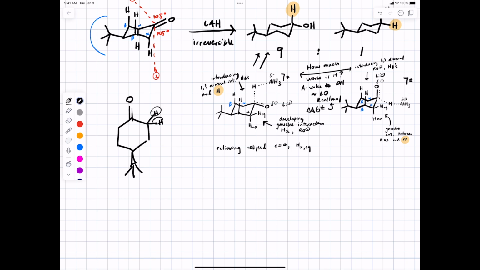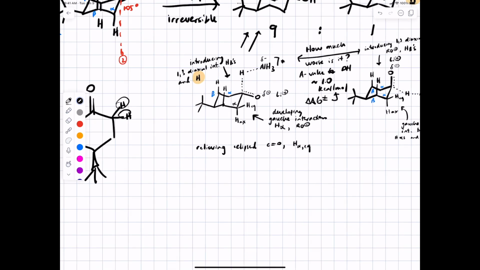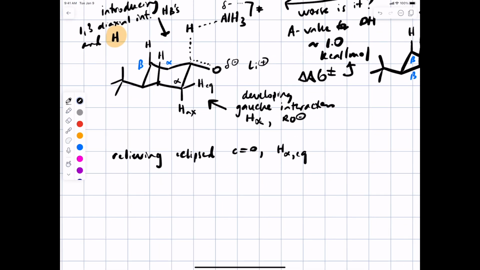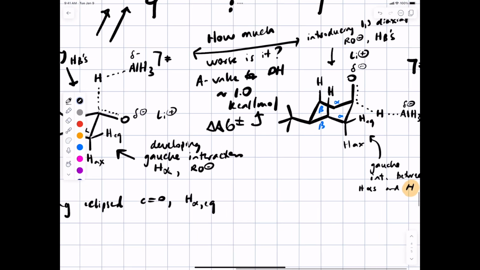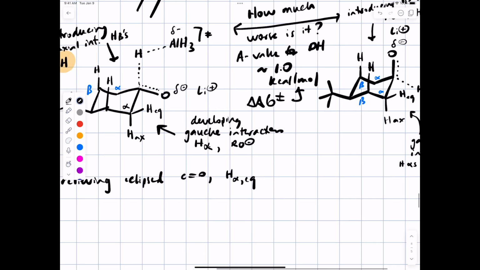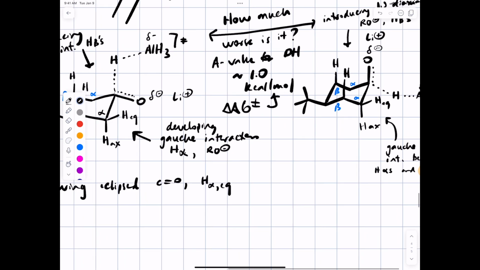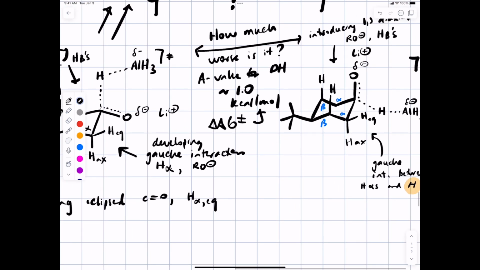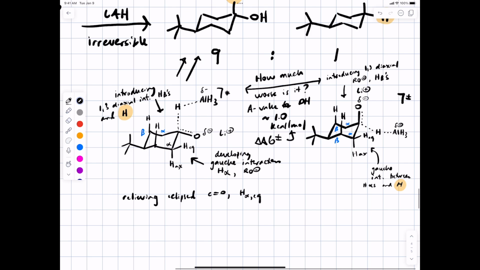Yeah. Okay, wait, so I might just be missing something. There's the gauche interactions, like on the first one there's gauche between the alpha hydrogen and the oxygen. But aren't there gauche interactions with the oxygen either way? It's just with different hydrogens? That's right. So the major thing that's changing is probably these 1,3 diaxial interactions. That's why I didn't necessarily compare those.